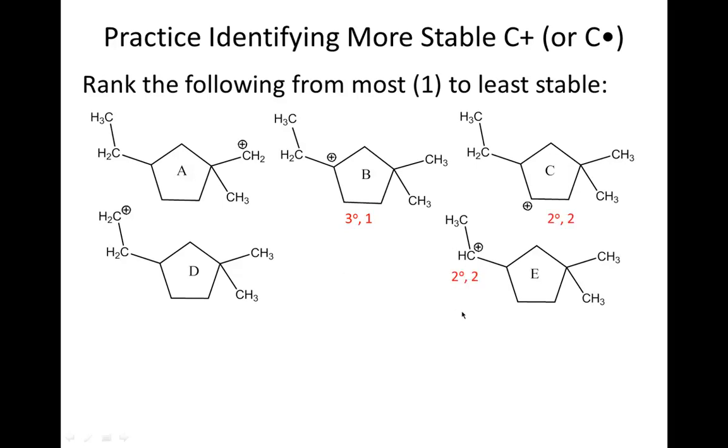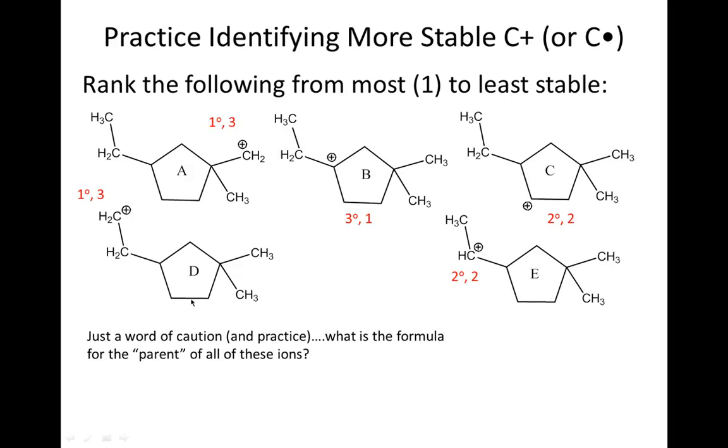We can't really tell the difference between the stability of those two, so those would be the next most stable. And then these are both primary, and again, I can't really tell the difference between those, and so they're the third rank. So I have the most stable, number one. The second most stable are these two, and these are the third most stable, or the least stable of these carbocations.